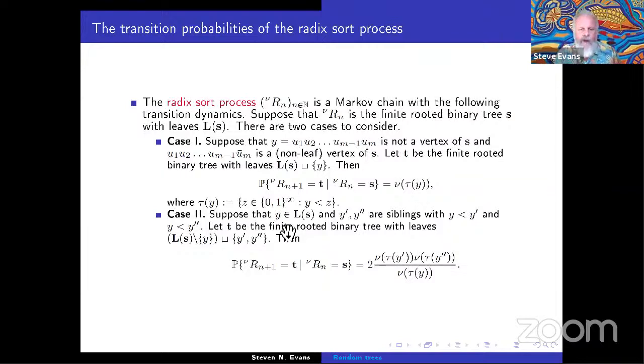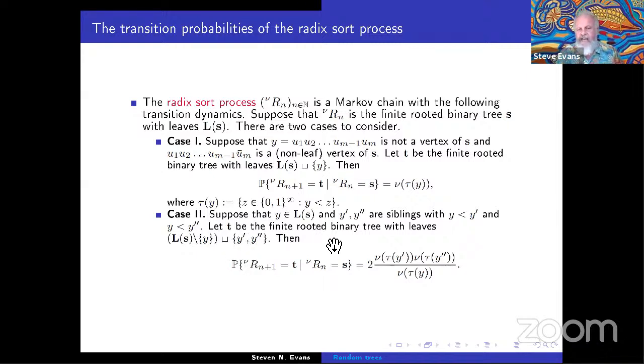That's where you've got a leaf y that's in S, and then what you're going to do is add on a little piece of tree that's a path leading from y that bifurcates at the end to two sibling leaves, y prime and y double prime.